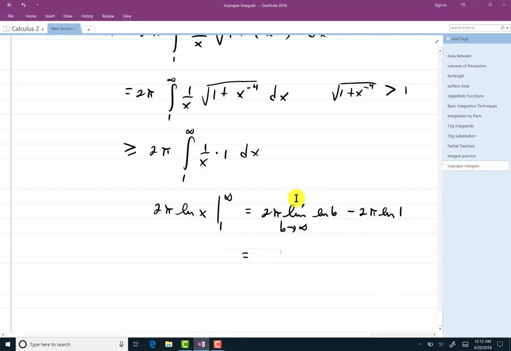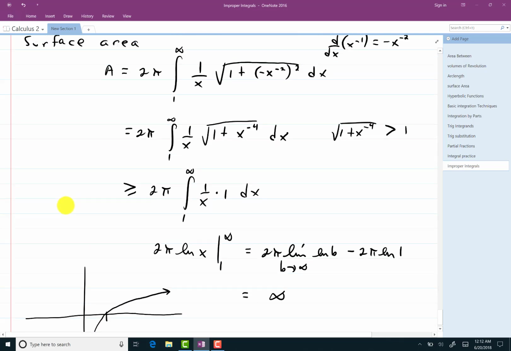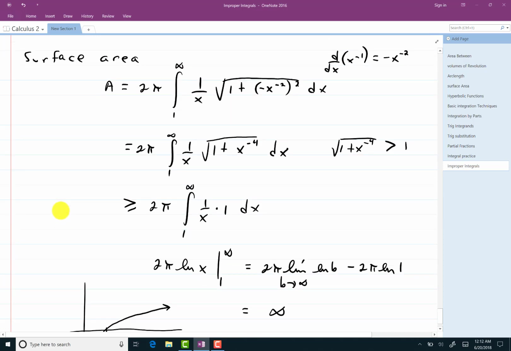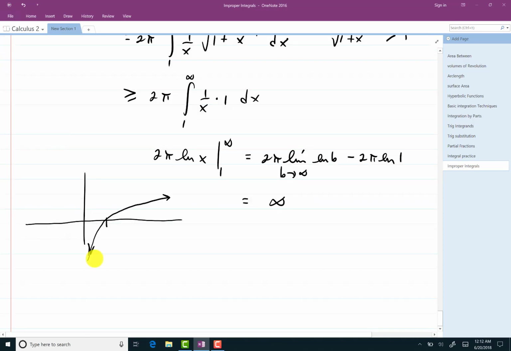But this piece, the limit as b goes to infinity of ln of b, is actually infinity. Because it may not do it quickly, but the natural logarithm does eventually get up to infinity as x goes to infinity. So, what do we have then? The surface area diverges.